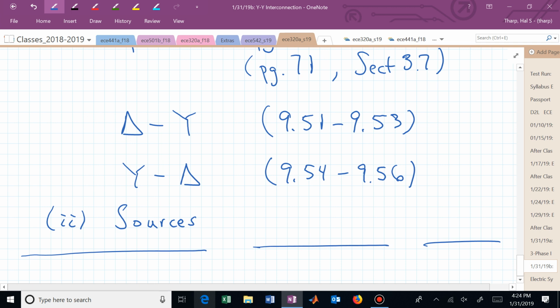It gets more involved if they're not balanced; you have to keep track of which one's where in order to do the conversions from delta to Y or Y to delta. And that's what those formulas provide. If you just assume that they're all equal, then those formulas collapse into just a factor of 3 between the Y's and the deltas.